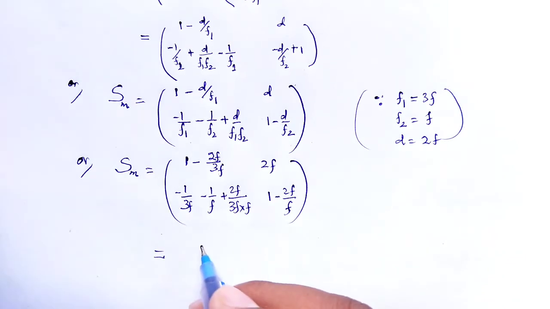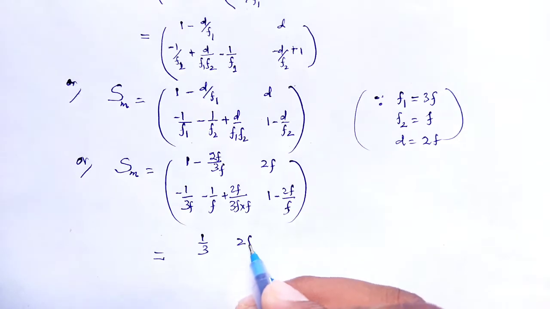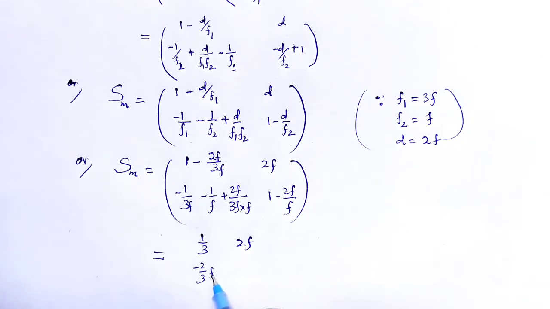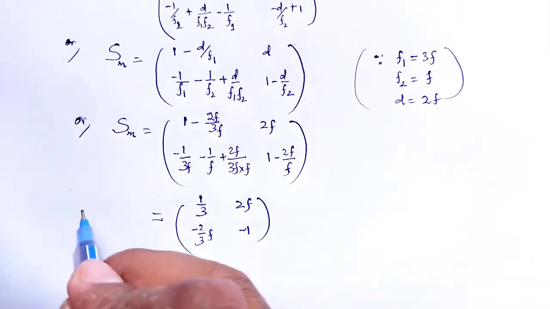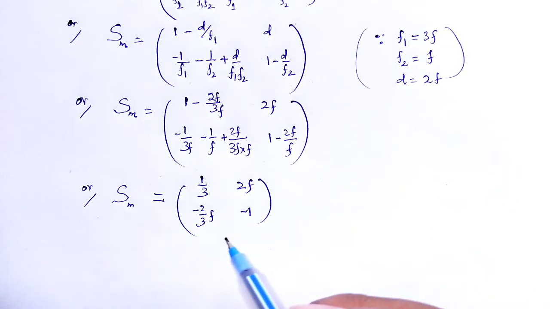This is equal to [1 by 3, 2f; minus 2 by 3f, minus 1], that is for SM.